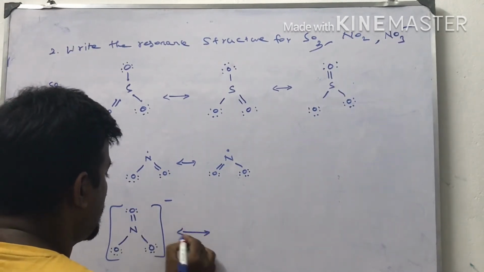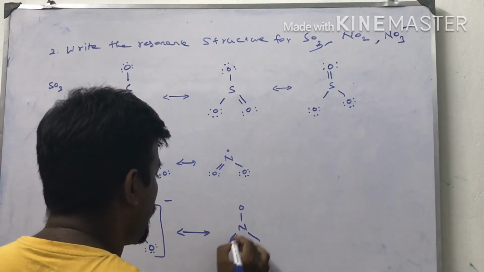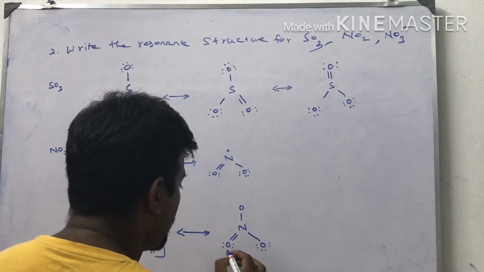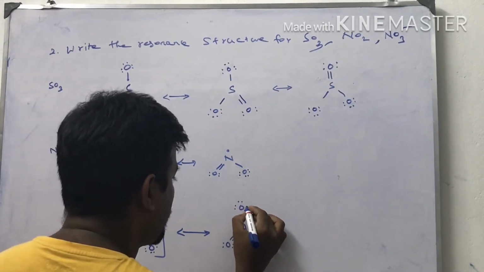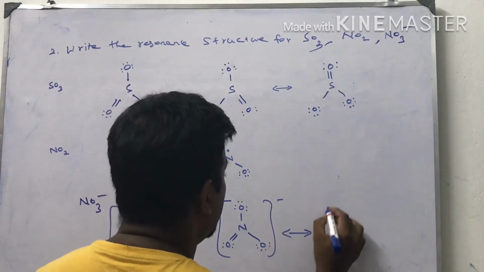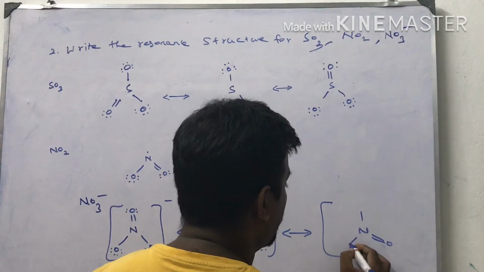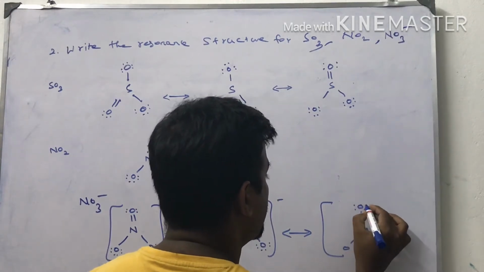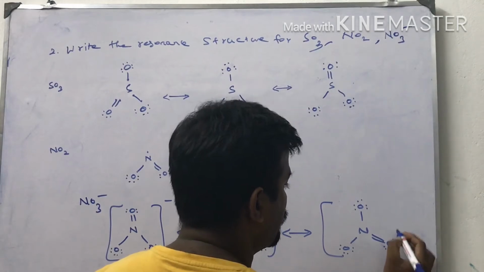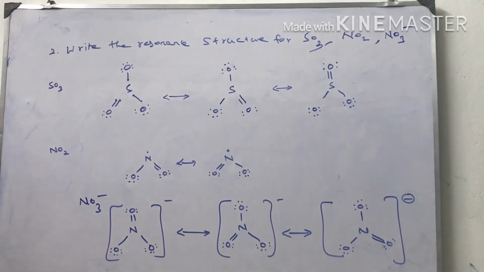This one structure. Next one is NO3 minus. This is one more resonance structure. This is one more structure. So this is the answer for this question.